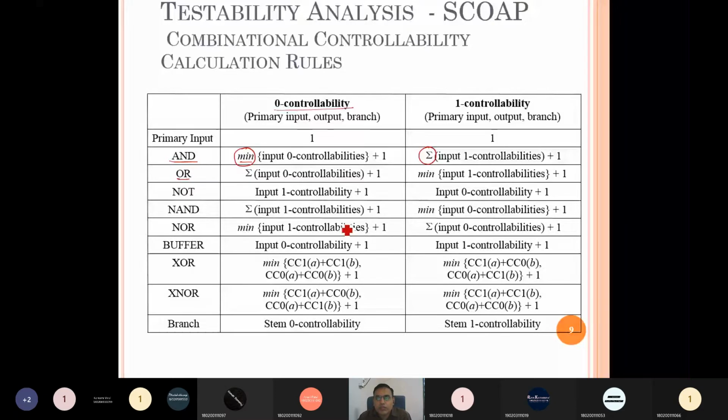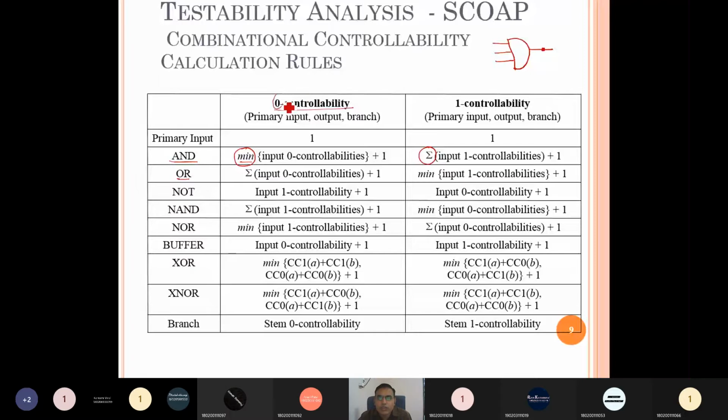Suppose I have a 3-input AND gate. Controllability means we want to set an output to a desired logic level. Suppose we want the output at logic level 0.